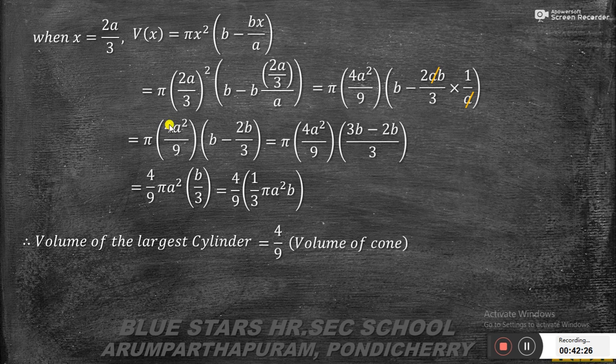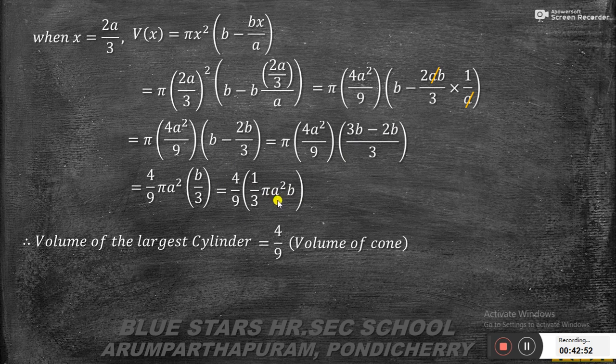Therefore pi into 4a square by 9. Next, a cancels, so b minus 2b by 3, equals pi into 4a square by 9 into (3b minus 2b) by 3. So 4 by 9 pi a square, and 3b minus 2b is b, by 3, so 4 by 9 into 1 by 3 into pi a square b.